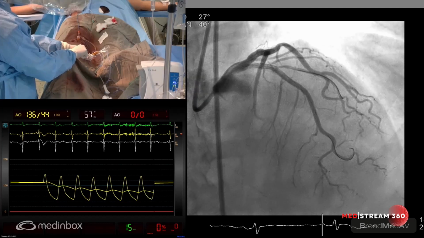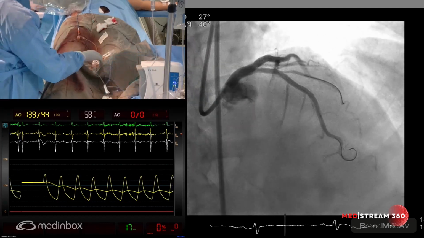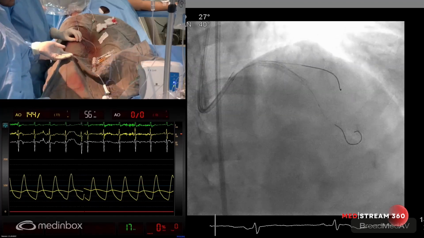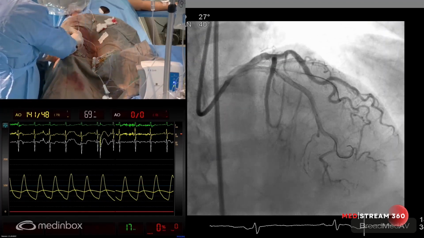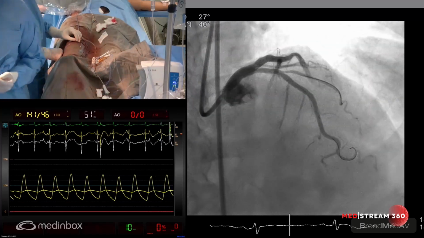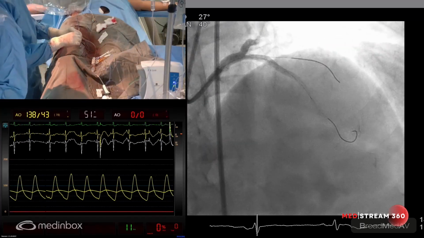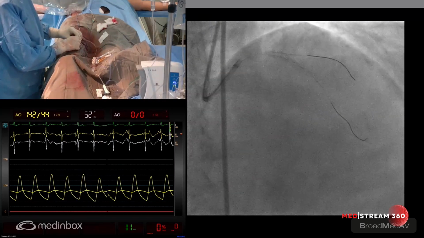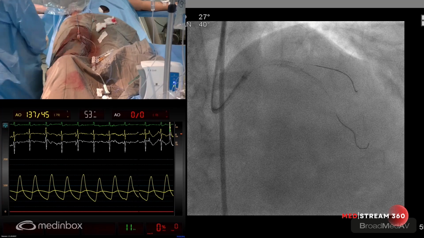There was a suggestion to take a 3.25 balloon. Okay, I think that may be good. We can do both 3.25 and go very high pressure in the proximal part, then check what you have to do and use a 3.5 if required. I think a nominal pressure with the 3.25 at the distal.